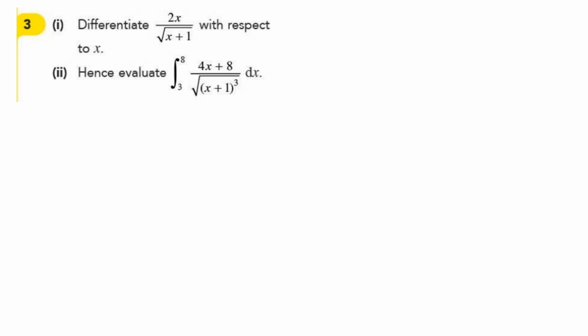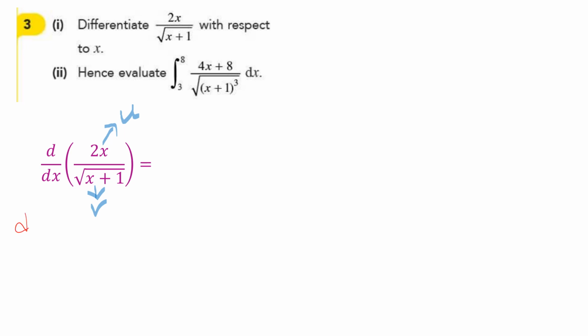Alright, so we're going to use the quotient rule to differentiate 2x over square root of x plus 1. So we're going to let the numerator be u, the denominator be v.